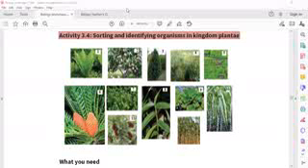Fern. Very nice. Okay, so number 1 is a fern. And the ferns are typical examples of pteridophytes. Yesterday, what do we say about pteridophytes? What is so special about pteridophytes?